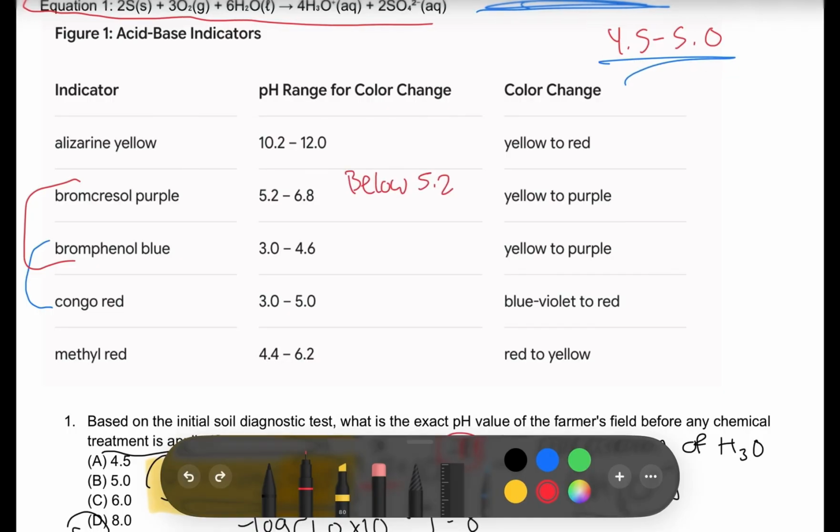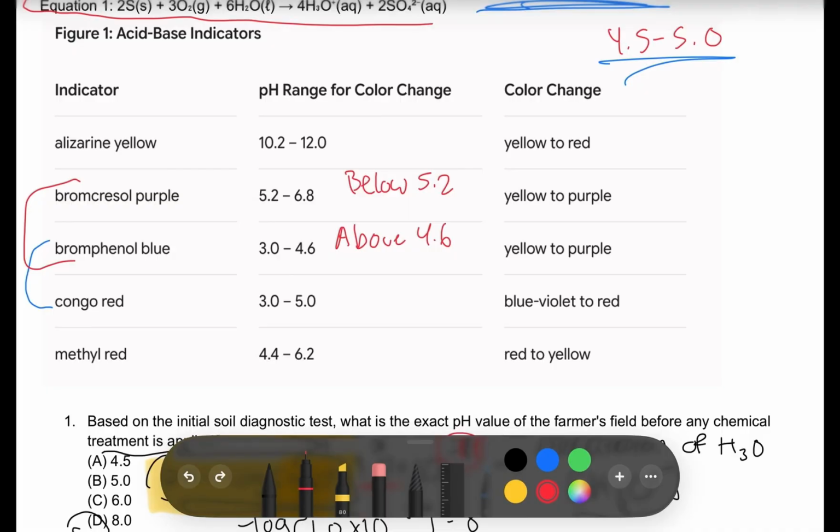But now if we look at the range of Bromophenol blue, which is 3.0 to 4.6, it's going to tell us that the pH has to fall somewhere above 4.6. So the pH is about 4.6 or higher. Because whenever we say above 4.6, we're taking into account the 5. But when we say below 5.2, we're taking into account both of the values. So it's like an upper and lower boundary.